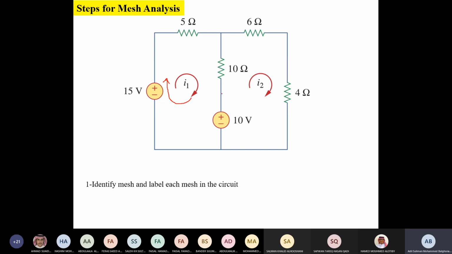So I will write over here minus 15, and this one like this, and I can write it down as plus, minus 5 I1.